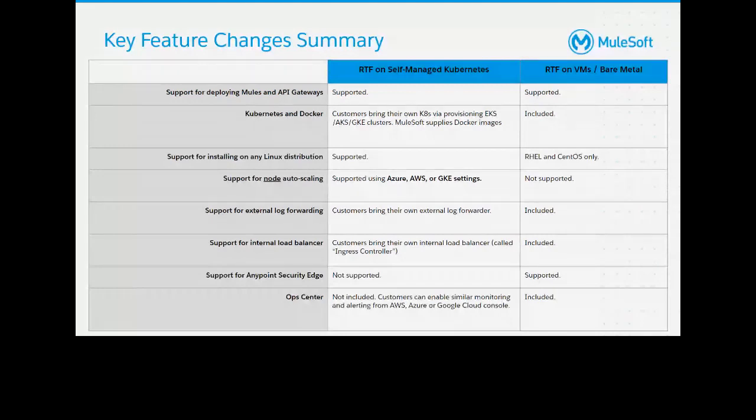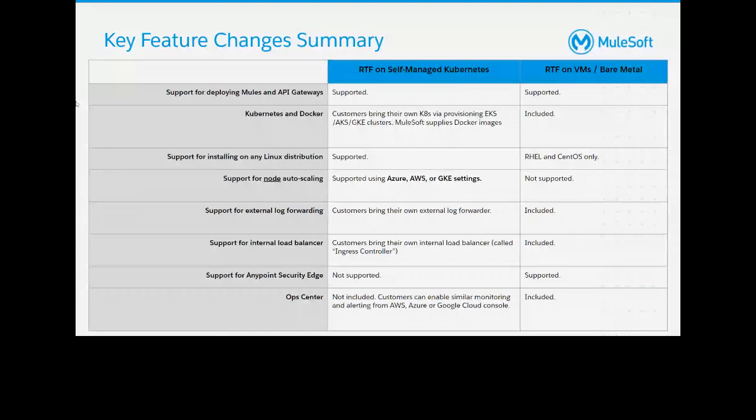You can install any Ingress controller that is compatible with your environment, and then you'll have to manage the Ingress controller and make sure that you route traffic to your Mule applications accordingly. Anypoint Security Edge policies are supported in Runtime Fabric on the appliance model, whereas they are not supported in the self-managed Kubernetes model.